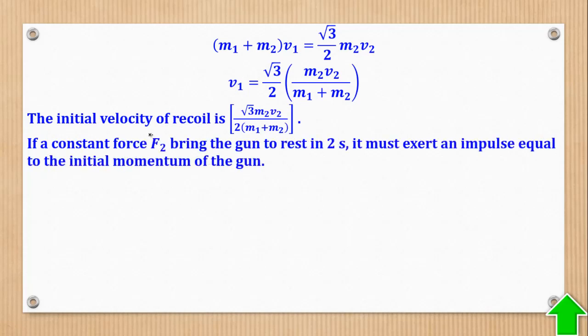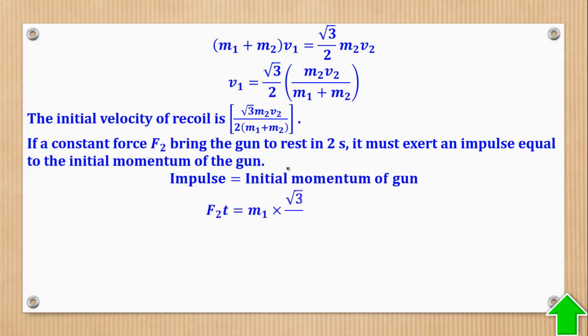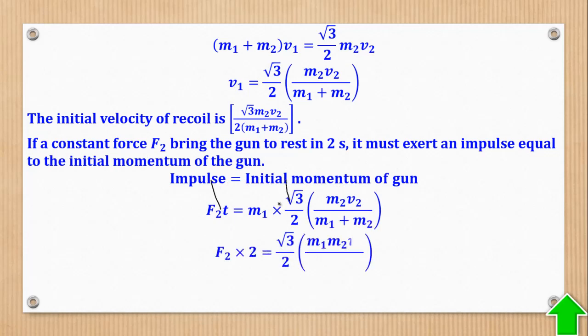So let F2 be the force which will bring the gun to rest in 2 seconds, meaning that impulse is equal to initial momentum of the gun. Impulse, initial momentum, you come up, substitute for the time, and this one goes inside, then you'll come up with the value of F2, and that's what they wanted.